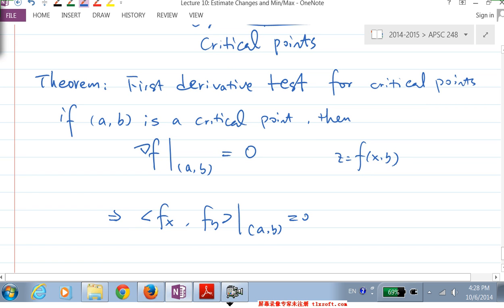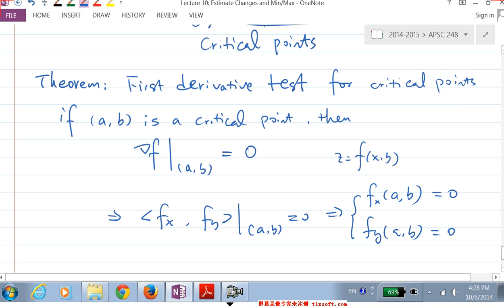So it's a vector equal to 0. Vector equal to 0 meaning the components of the vector must be 0. So that actually gives us two relationships. One is fx, partial f over partial x at the location AB is 0. And the other is partial f over partial y at this AB is 0. Okay? That make sense?